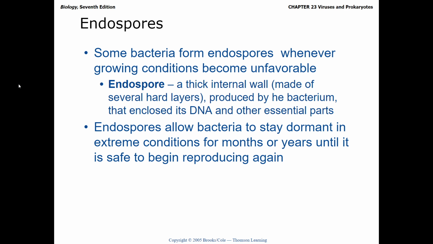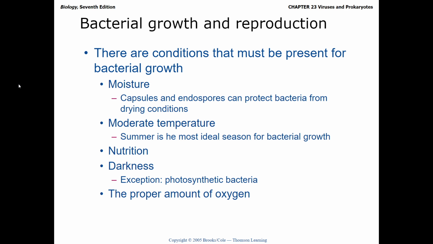So, speaking of bacterial reproduction, not only do they reproduce in unique ways, they also can grow if they are in the correct environment. There are many conditions that must be present for bacterial growth, including moisture, a moderate temperature, nutrition, darkness, now there are some exceptions there, and the proper amount of oxygen.